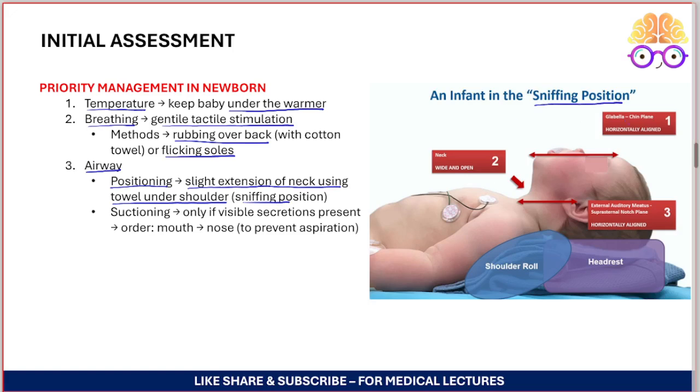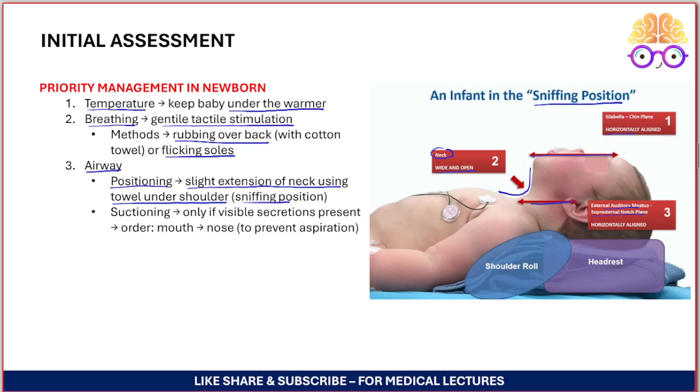So first, the face is horizontally aligned. You can see the baby's face is horizontally aligned. Then second, the neck should be wide open and visible, this area should be visible for us. Then the external auditory meatus and suprasternal notch plane should be horizontally aligned.